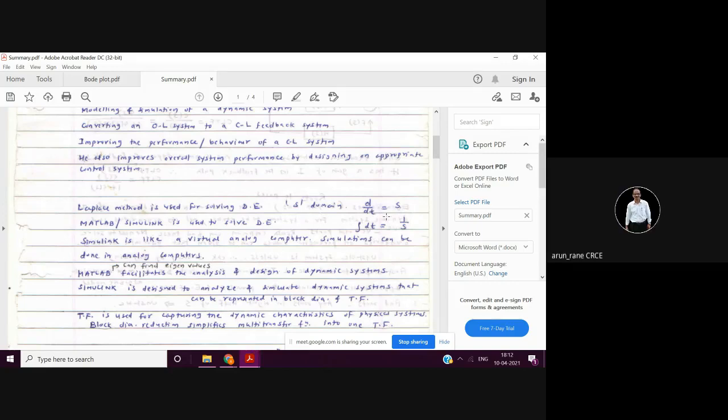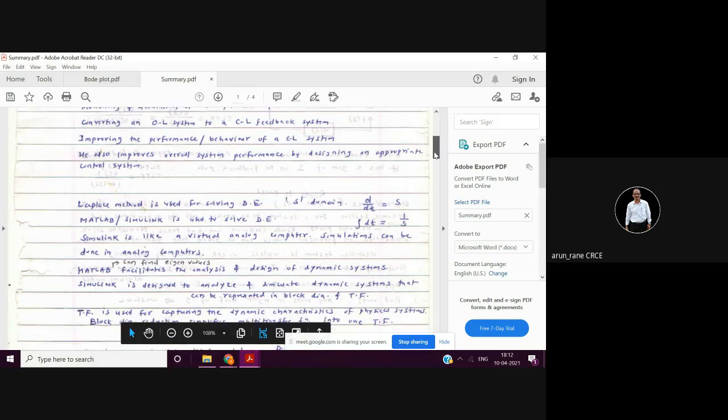So d by dt is s, and integration of dt you can just substitute 1 by s. Then MATLAB or Simulink is used to solve the differential equations. Simulink is a module in MATLAB, so it is like your virtual analog computer. Simulations can be done in analog computers, right? Using MATLAB.